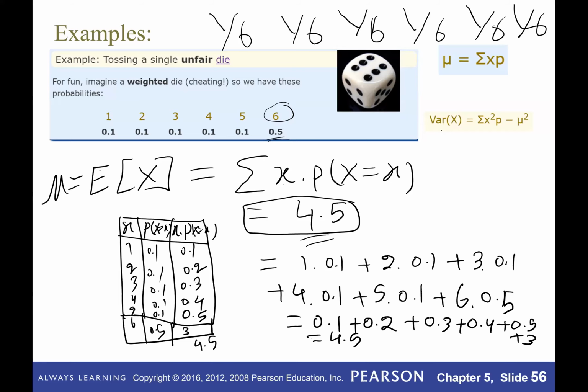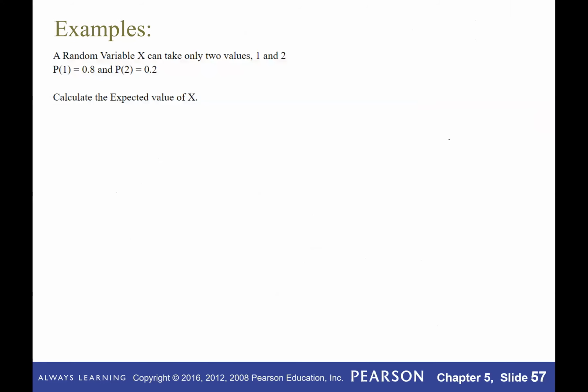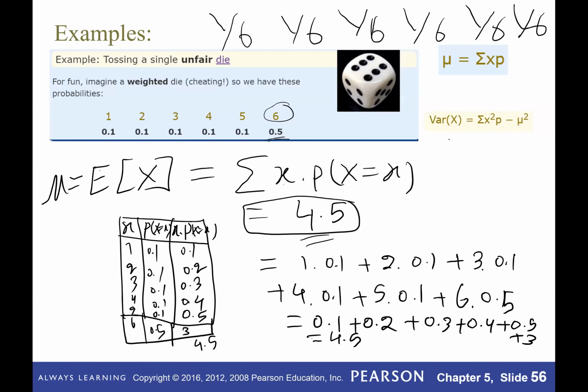So now we calculate the variance of x. We know that the variance of x is the summation of x squared times p, where p is the probability and x is the corresponding value, minus mu squared. We already know the value of mu: mu is 4.5.